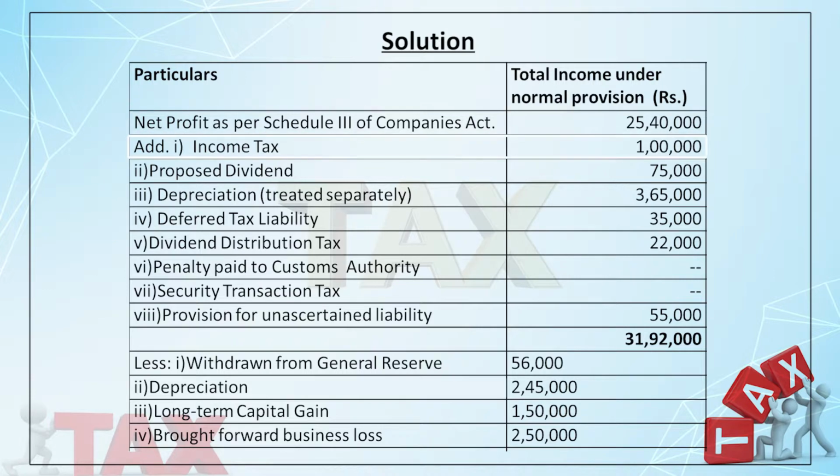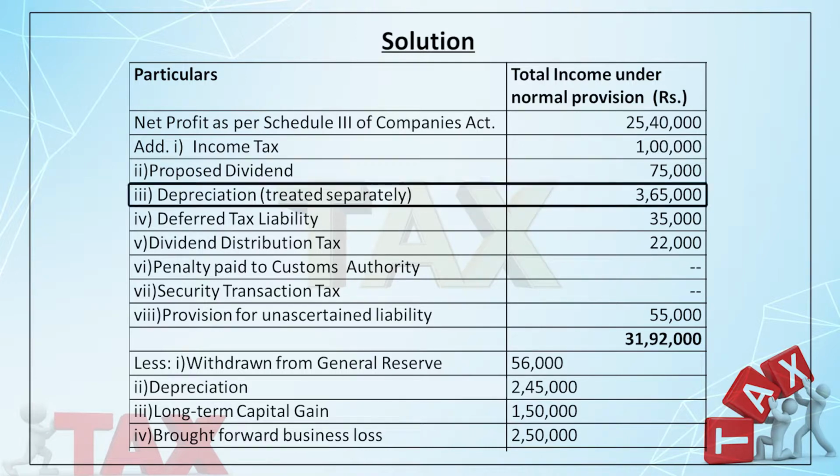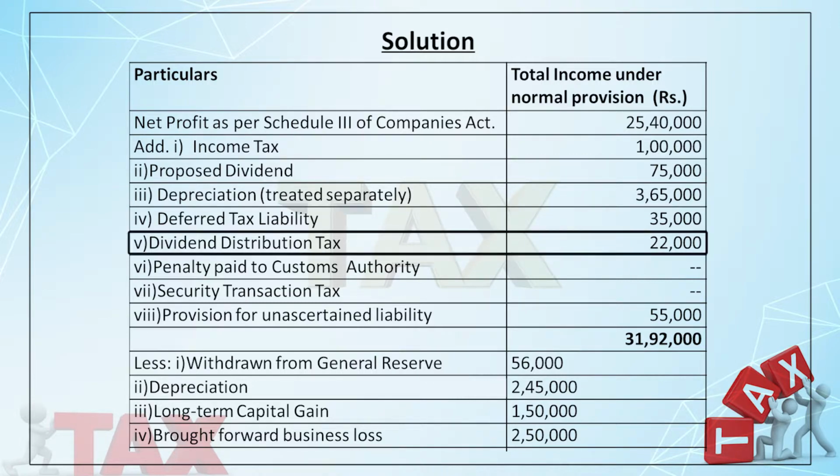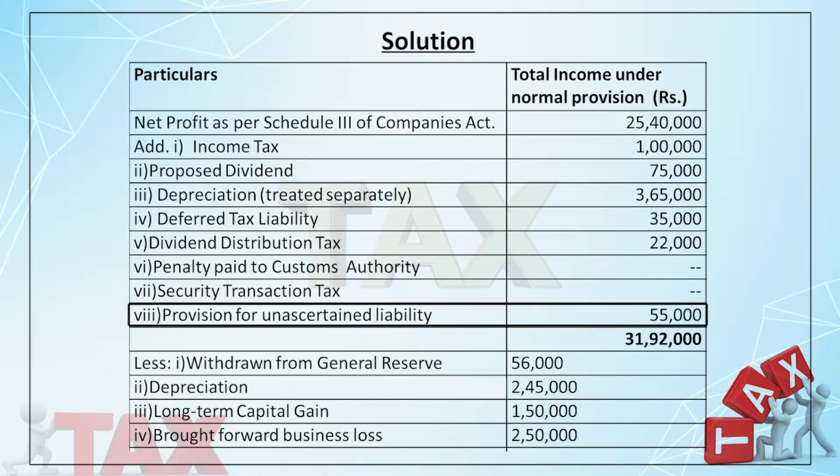Then you have to add income tax 1 lakh, proposed dividend 75,000, depreciation 3,65,000, deferred tax liability 35,000, dividend distribution tax 22,000 and provision for unascertained liability 55,000.